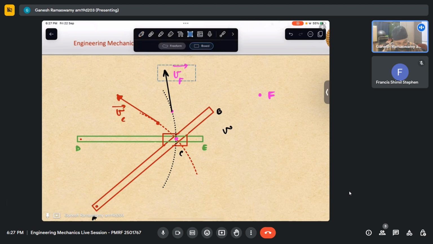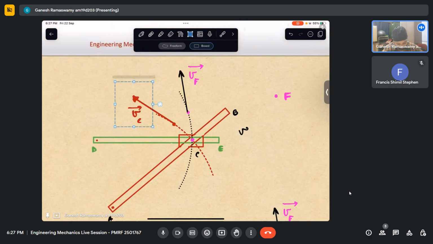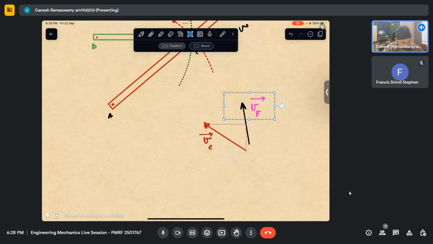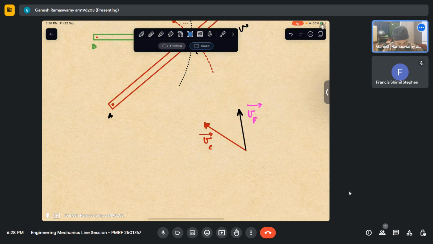Now let me take these two vectors separately. I have one vector here and I have the other vector here. Now if I were to place one tip here, both the tips I join and I have one new vector which connects this to this. So what will this be?